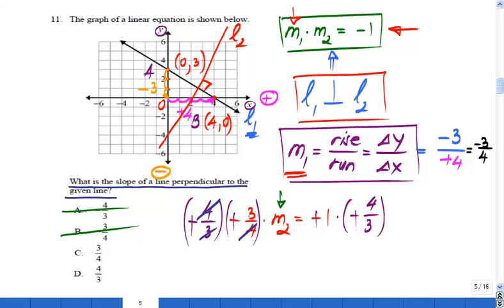Also on the left side I have 4 divided by 4, 3 and 3 will cancel out. All you have left is m2, the slope of a line that would be perpendicular to the given line, should equal 4/3, because 1 times 4/3 is 4/3. And this is the slope of a line that will be perpendicular to the given one. And that's why the answer here is going to be D.